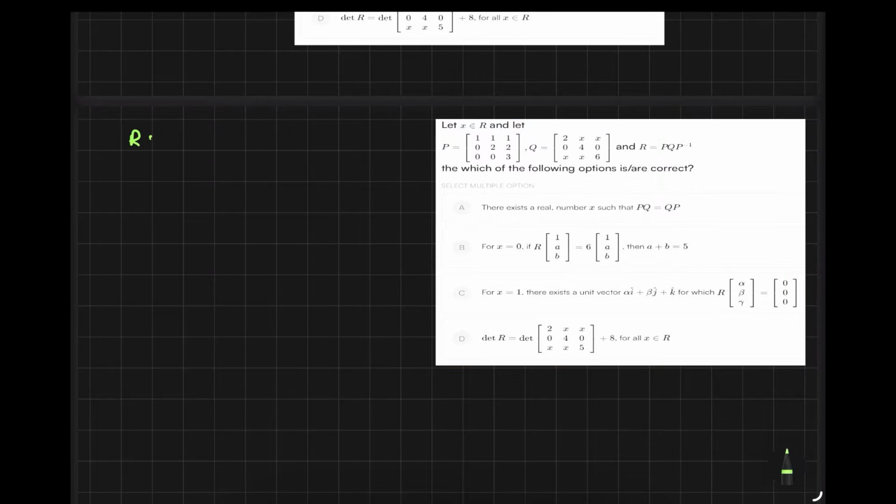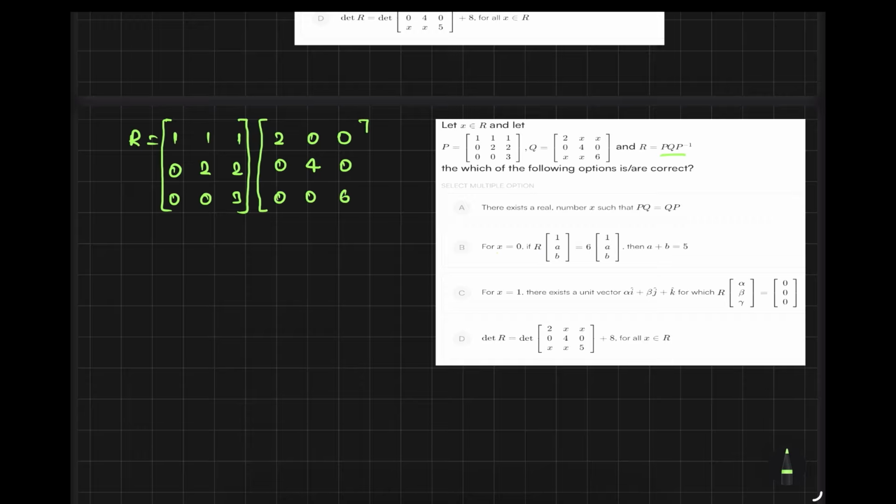As you know, R is PQP inverse, with P as 1 0 0, 1 2 0, 1 2 3. Okay, so PQ, and they are saying x is 0. So if x is 0, Q is 2 0 0, 0 4 0, 0 0 6.